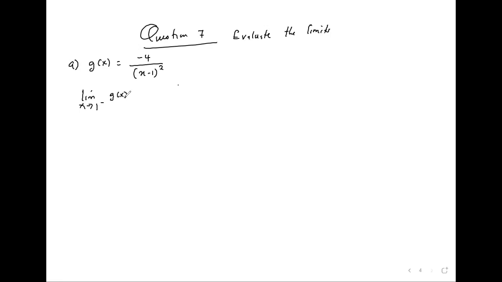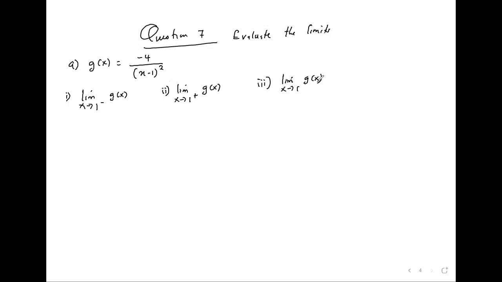We're also asked to find the limit as x goes to 1 from the right of g. So this is 1, this is 2. And then the third is that we should find the limit as x goes to 1 of g of x.